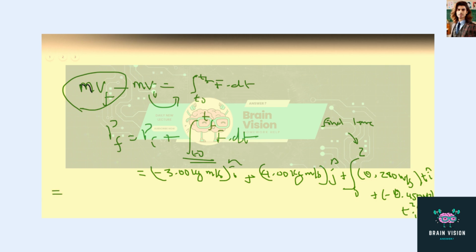And then when we simplify this, we get negative 3 kilogram meter per second I hat plus 4.00 kilogram meters per second j hat, and then plus we're going to do the part that's connected to the integral, so we have to do the integral of t.